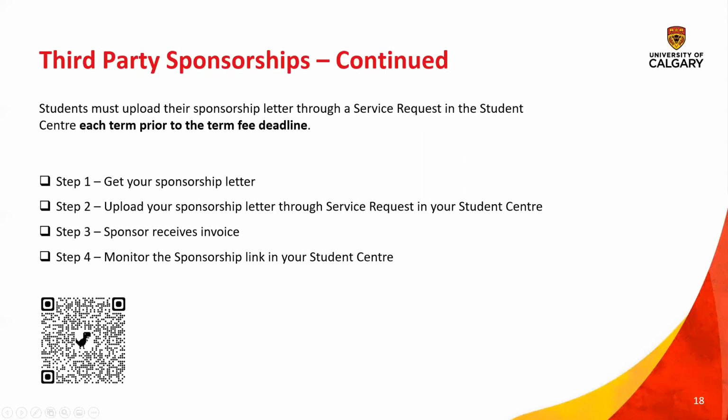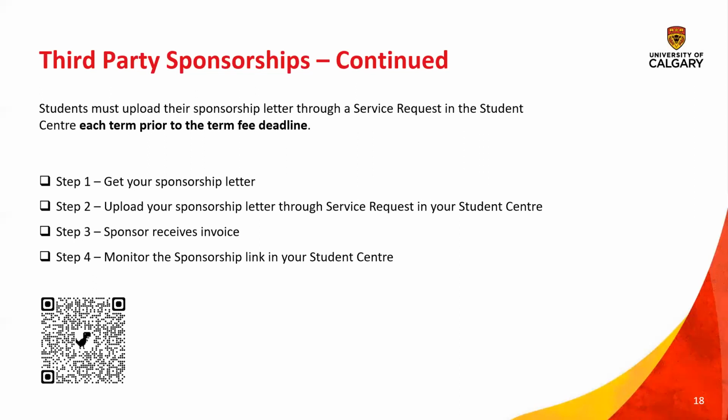Once students have that letter, they would upload it to us for review through the service requests, again, in the Student Center. And as I said, a new letter must be submitted for each term for an invoice to be generated. Once the application for a third-party sponsorship is approved, the account is adjusted to reflect the sponsorship after the term fee deadline.